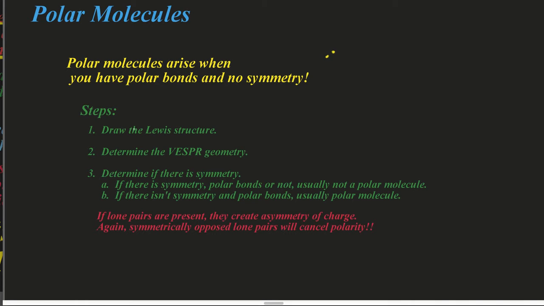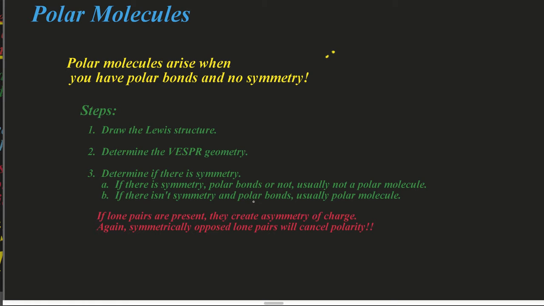So the steps are going to be to draw the Lewis structures, determine the VSEPR geometry, determine if there's symmetry. If there's symmetry, polar bonds or not, lone pairs or not, usually not a polar molecule. The symmetry will cancel out all the dipole moments. Whereas if there isn't symmetry in a polar bond, then it's usually a polar molecule.